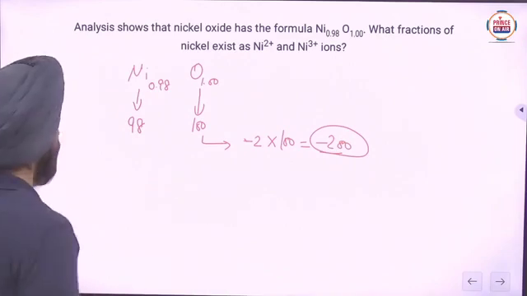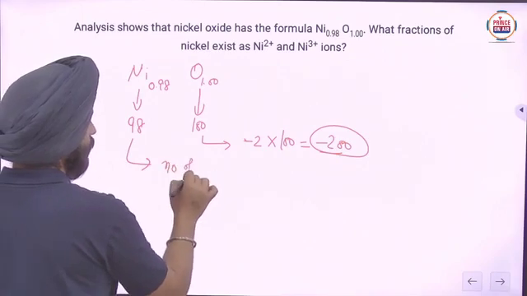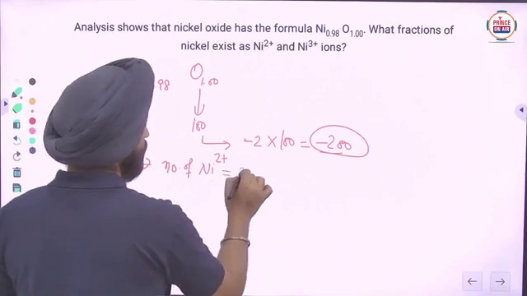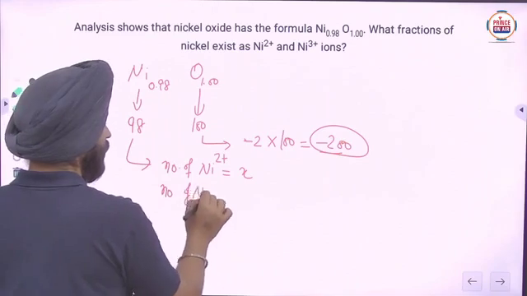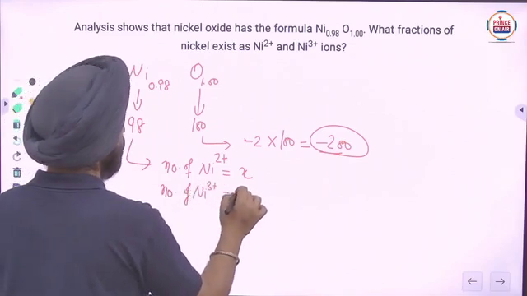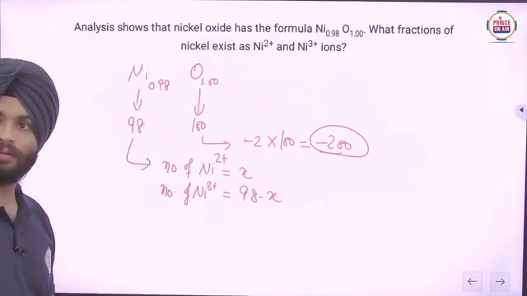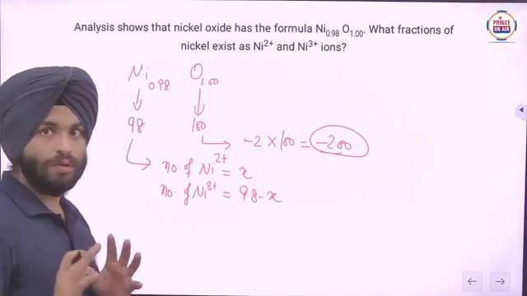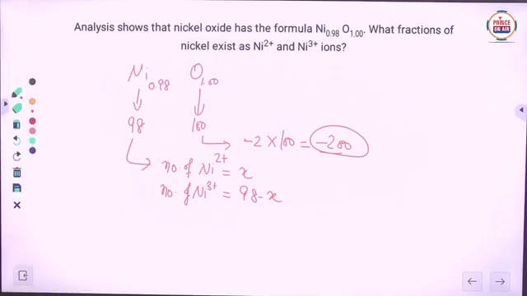I am supposing the number of Ni2+ ions is x, and the number of Ni3+ ions is 98 minus x. Clear now? The total charge should be equal to 0, because the charge is balanced.